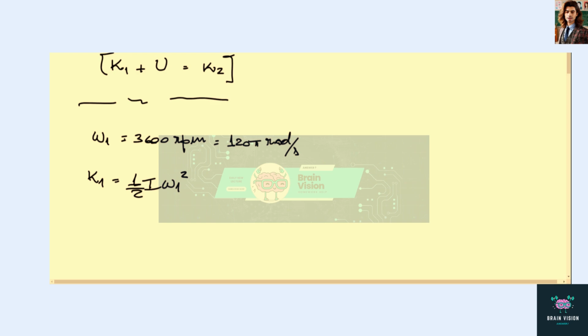Okay, so what is the moment of inertia of this rotor? The moment of inertia is going to be equal to m, which is the mass, multiplied by the radius squared. But the problem in this problem is that we do not have the mass of the rotor. So we need to use the weight of the rotor, because we know that mass is just the weight divided by the gravity's acceleration.